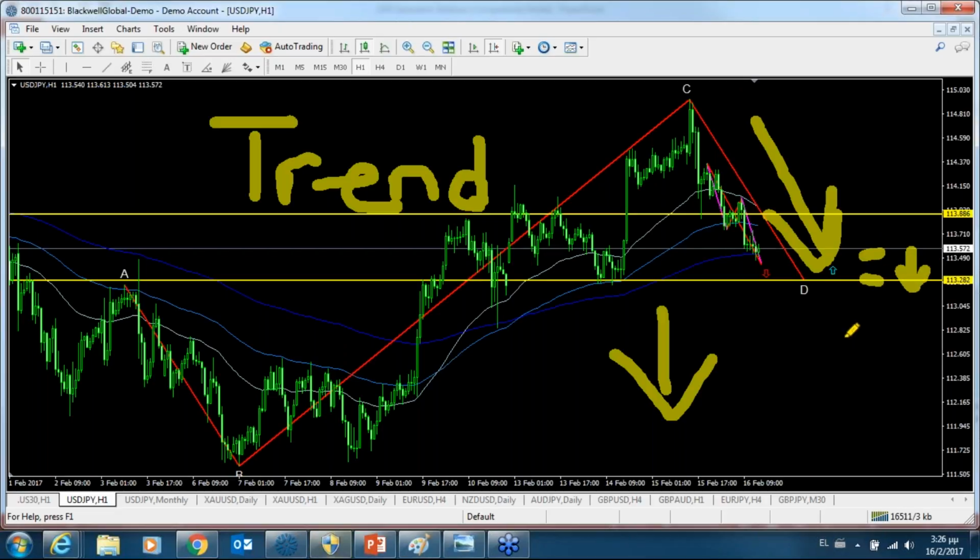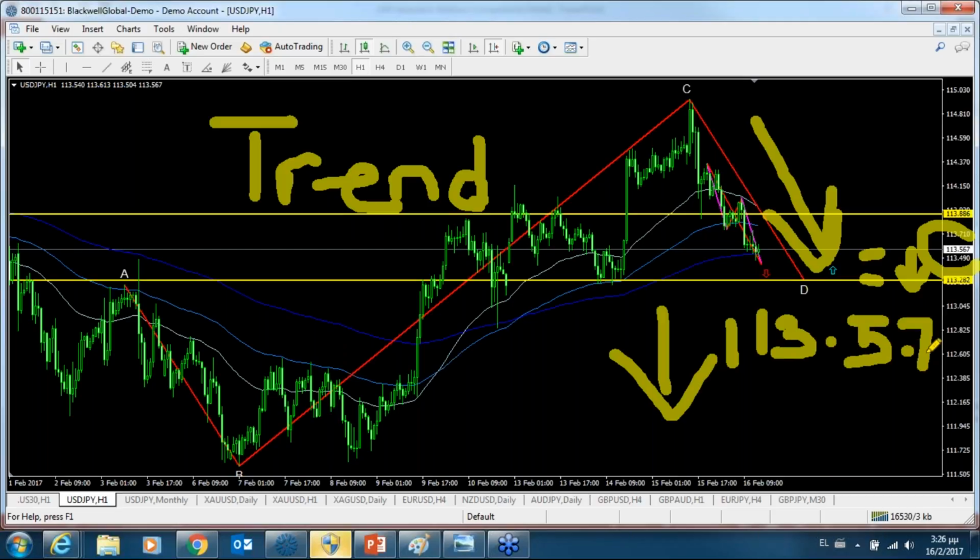So what you then would do is look at the psychological numbers, look at the price as of now. So the price here is 113.57. So one of the ways to understand whether you should be entering at the time or not is using price action and psychological numbers. So here you are trading to the downside. The last two digits are 57.